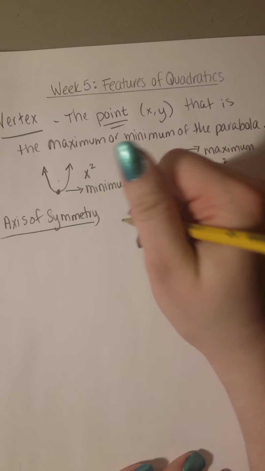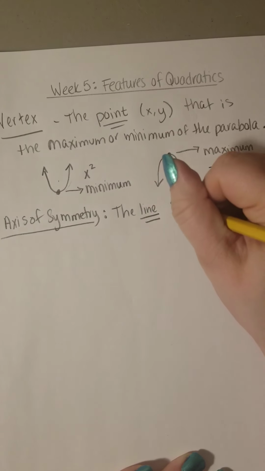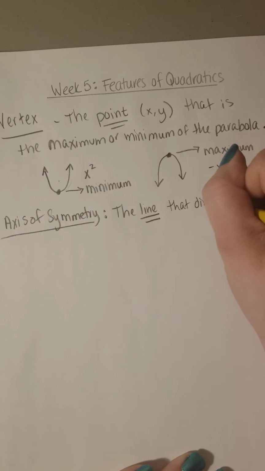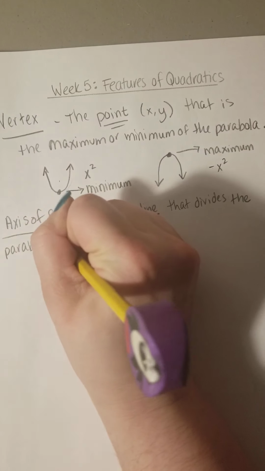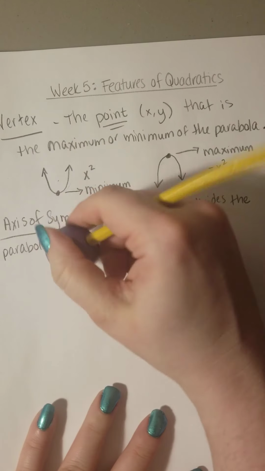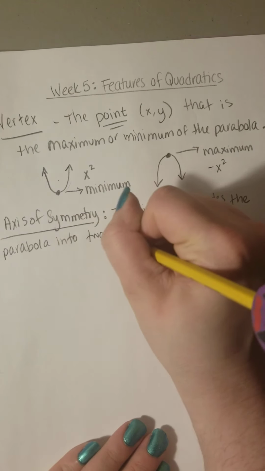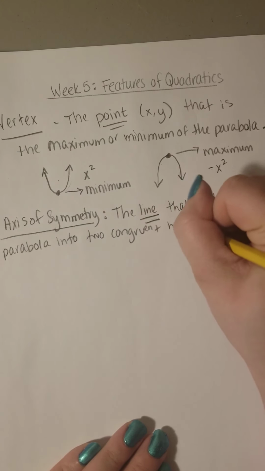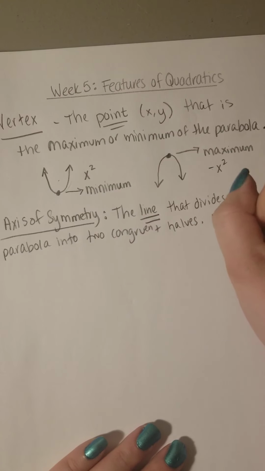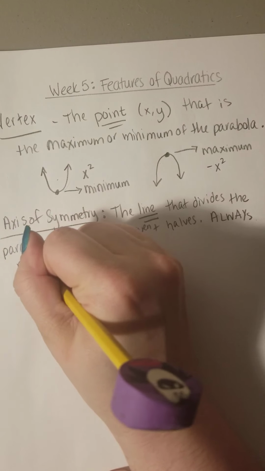The axis of symmetry is the line that divides the parabola into two congruent halves. This line always passes through the vertex.